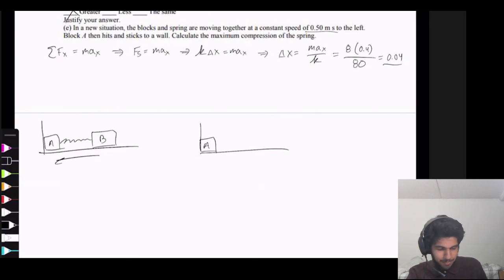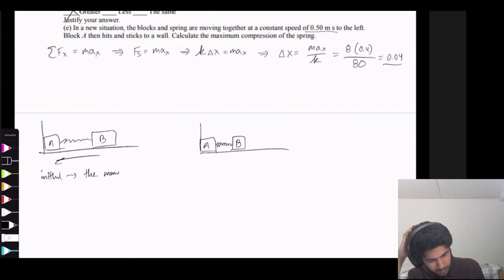It's not going to move. But block B is still going to move because it hasn't really hit anything. The spring is in equilibrium. So we imagine it would compress the spring. So we'll compress the spring, and B will be here, and then the system will be at a different position. So initially, we're going to say this is the moment the system hits the wall.